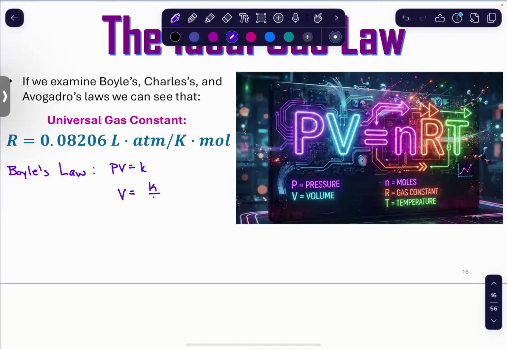That's going to be K over P, or K times 1 over P, where K is a constant, and so we can go backwards. If we take that constant out, that means V is proportional to 1 over P. As we talked about yesterday, that means that V is inversely proportional to P.